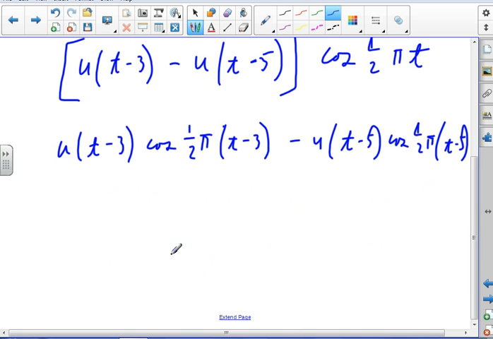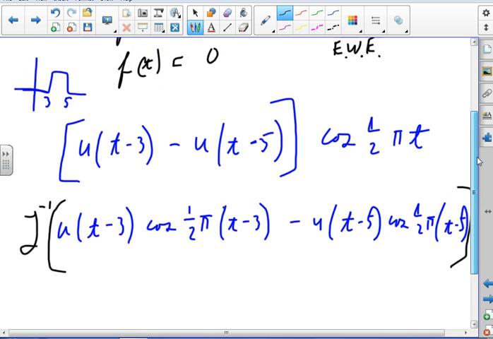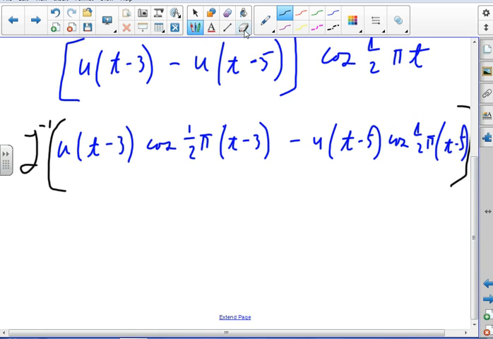Now that I've done that, I'm going to take the inverse Laplace transform of the whole thing. I think that's what I'm doing, right? No, I'm not. I'm taking the Laplace transform of the whole thing, because I want the Laplace transform.